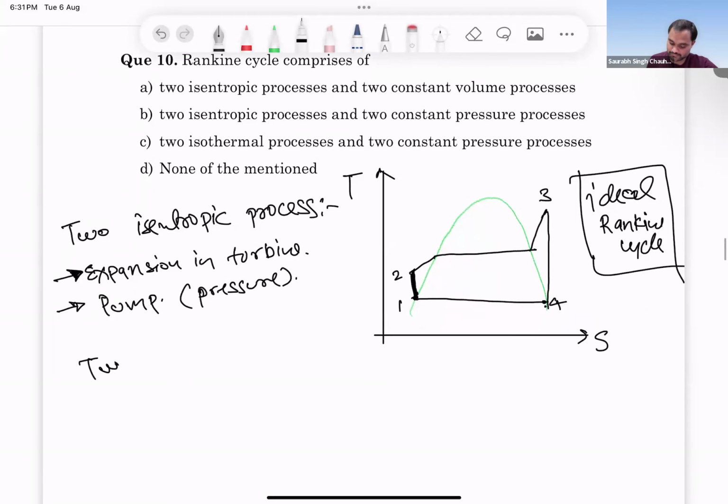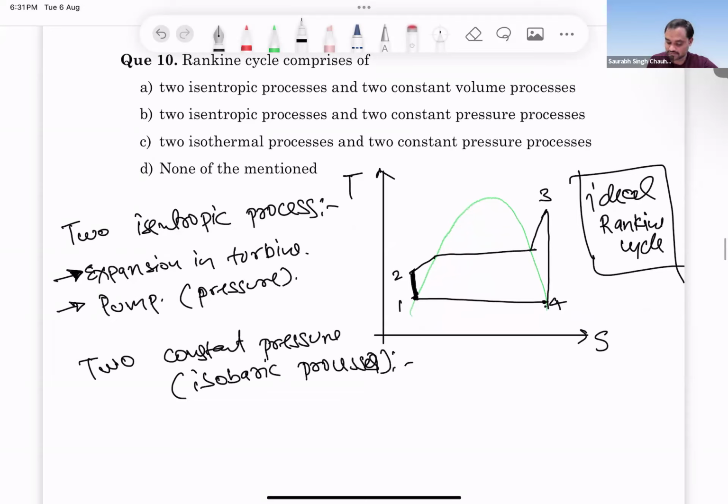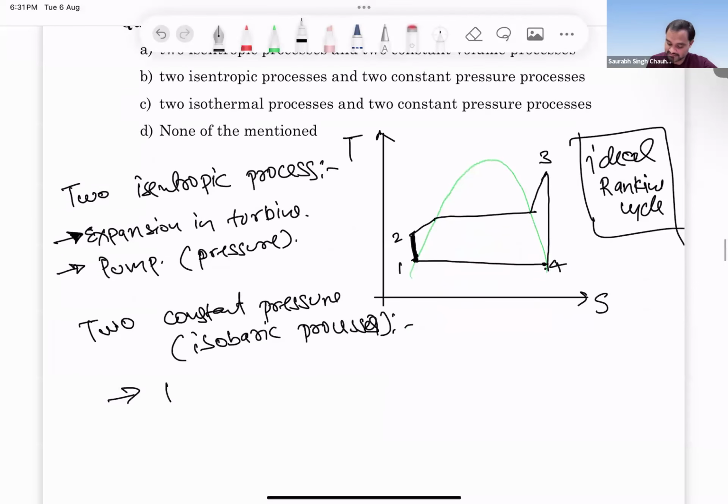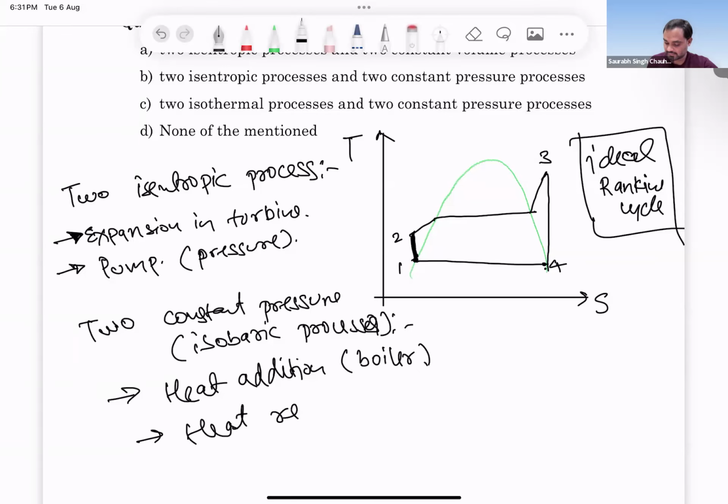And two constant pressure or isobaric processes. What are those processes? Heat addition in the boiler and heat rejection in condenser.